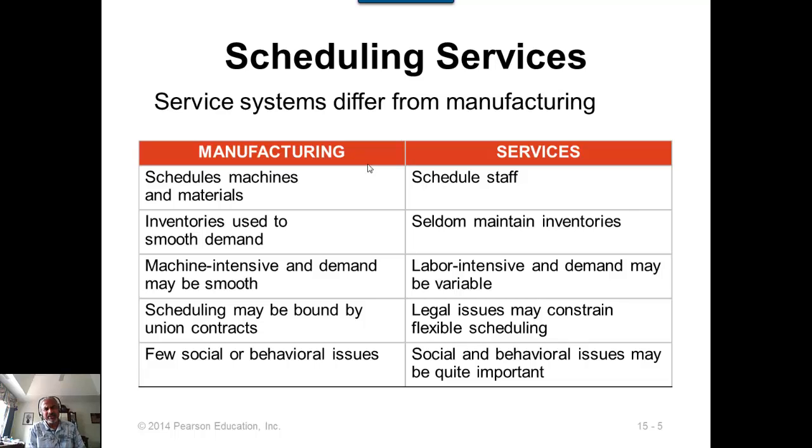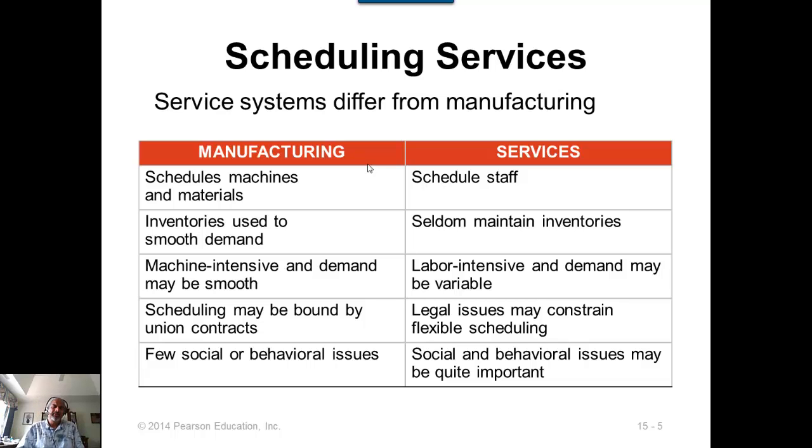Now in manufacturing, scheduling is machine intensive, and the demand generally tends to be smooth because from MRP computations you have jobs coming in, and you can control the inflow of jobs to make sure that there is a steady flow of jobs, whereas that's not so in service because customers can come in at their own preferred times, so the demand may go up and down depending upon the seasonality effect, day of the week or hour of the day effects.